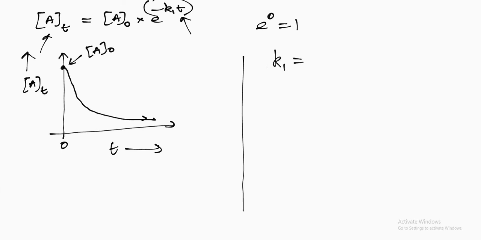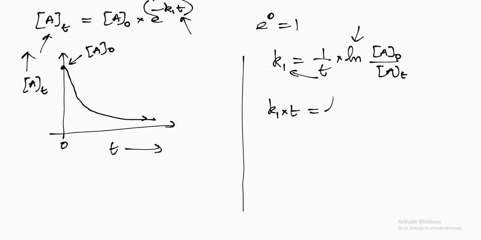K1, the rate constant for first order reaction, equals 1 by t times ln of initial concentration of the reactant by concentration of the reactant at time t. See here we have a logarithm. Now I'll bring this t to the left hand side. So K1 into t equal to ln A naught by At.